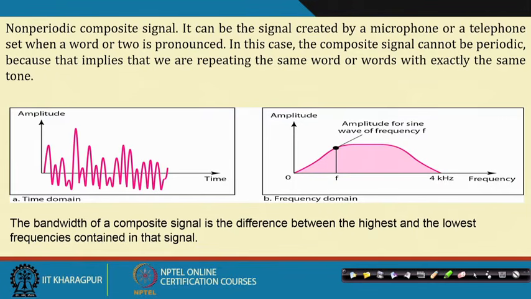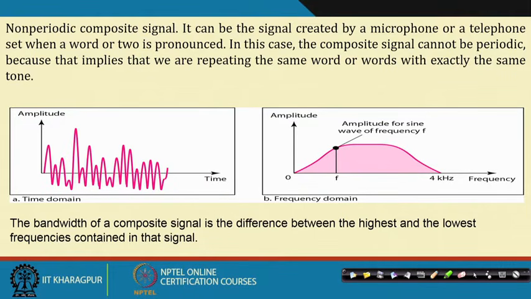Now we see the non-periodic composite signal. It can be the signal created by a microphone or a telephone set, where a word or 2 are pronounced. So, I am doing an analog talking in a microphone or telephone set.